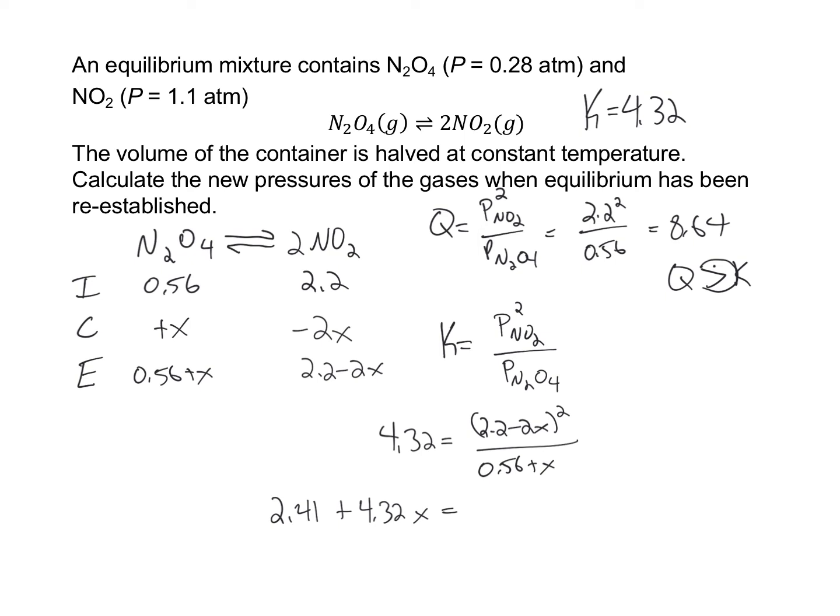And then I'm going to go ahead and expand this numerator. So when I do that, I get 4.84 minus 8.8x plus 4x squared.